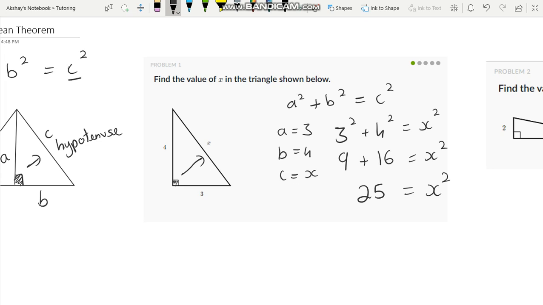Now, in order to do this, we have to square root both sides of our equation. By doing this, we're able to cancel our square and square root, because on any number squared, when we take the square root, we get the number inside. Now, when we do that to the other side, we're left with square root of 25. And remember, our square root and our square have canceled out, so we're left with just x.